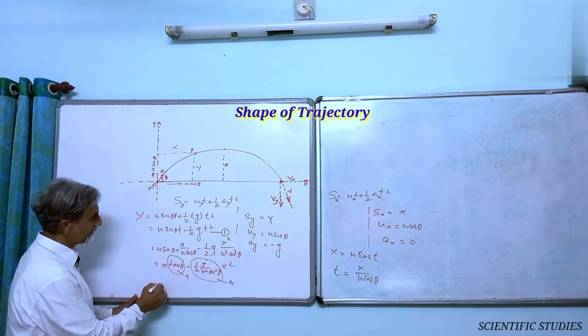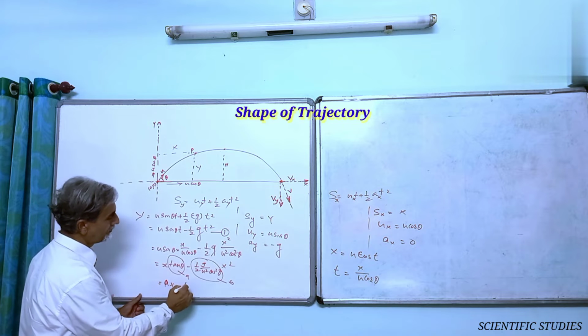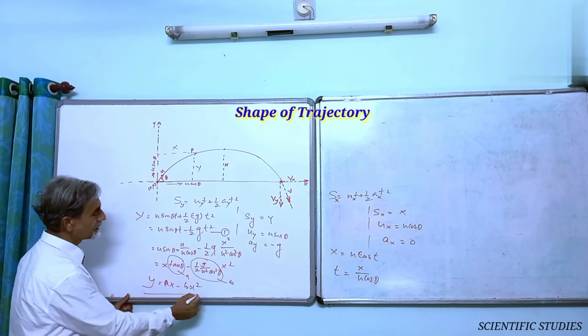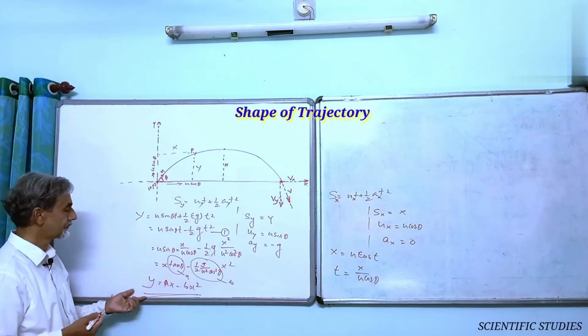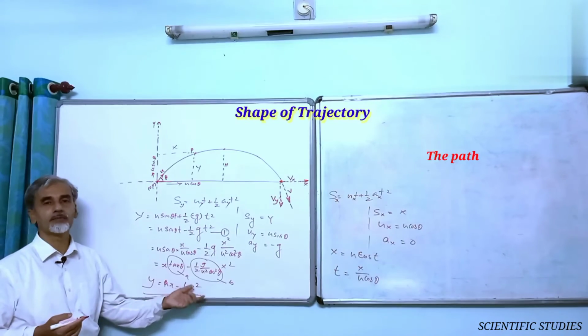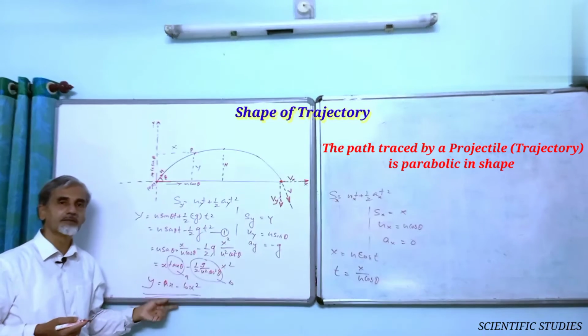Then the equation becomes y is equal to ax minus bx square, which is the general equation of a parabola. That means the trajectory is parabolic in shape.